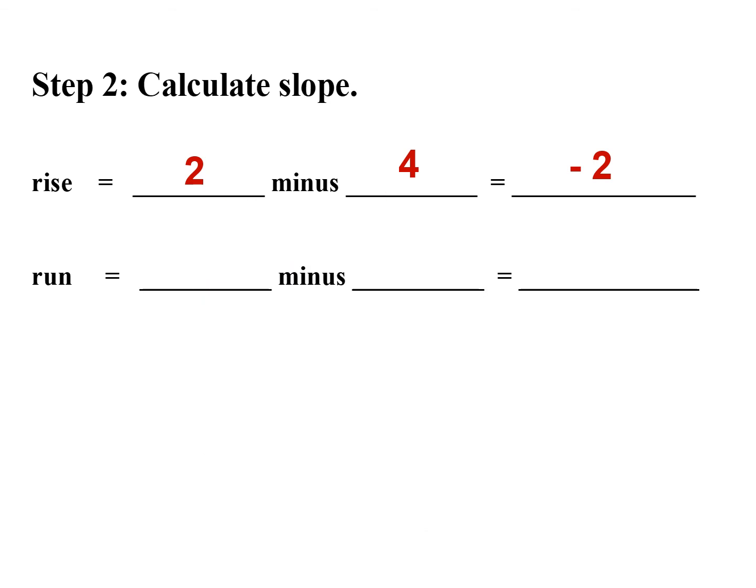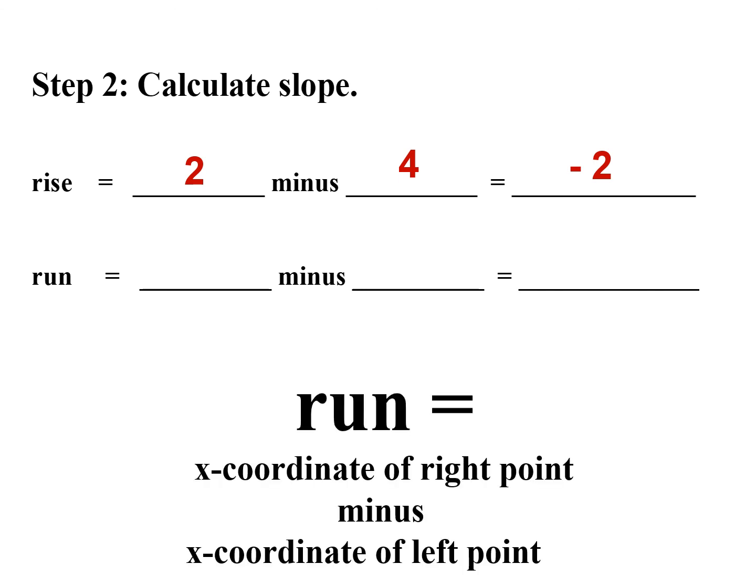Next, let's calculate the run. Go ahead and fill these blanks in. The run is equal to the x-coordinate of the right point minus the x-coordinate of the left point. And here are our points again, 4, 4 and 8, 2.